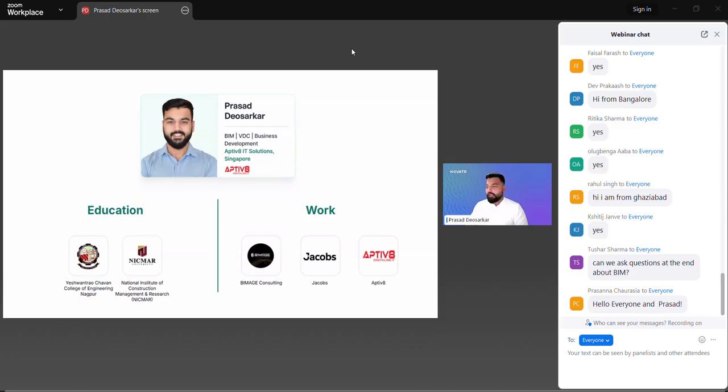And then I fortunately got a chance to come to Singapore after a couple of years of working in tech. I joined a company called BIMage Consulting. At BIMage, my role was preliminarily into trainings, into consulting, and as well as handling some projects for them here in Singapore. So I handled wastewater treatment plant projects. I handled residential projects.